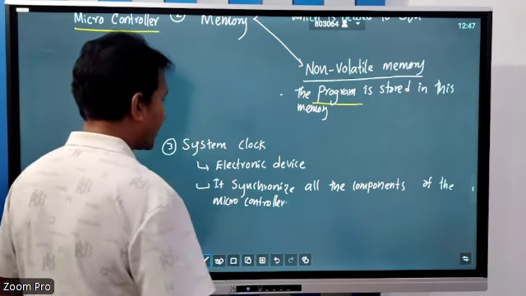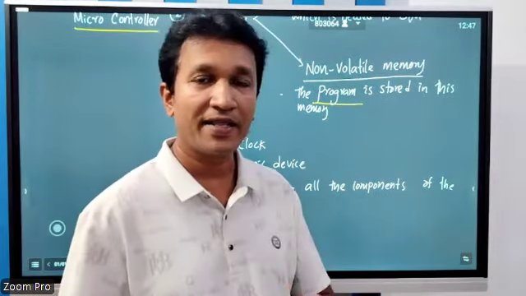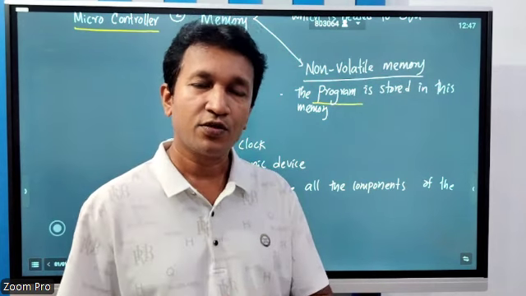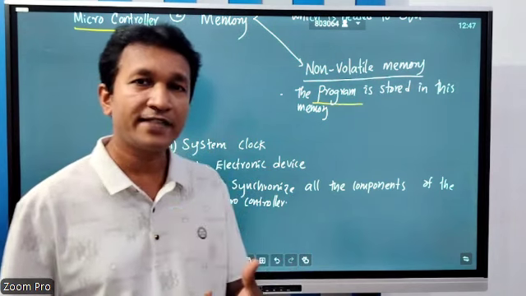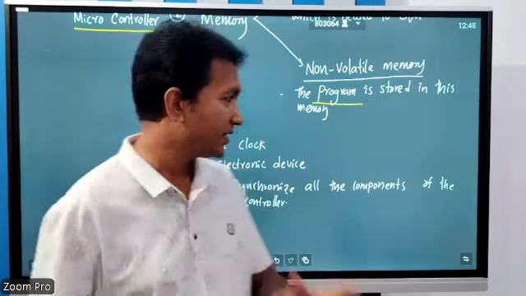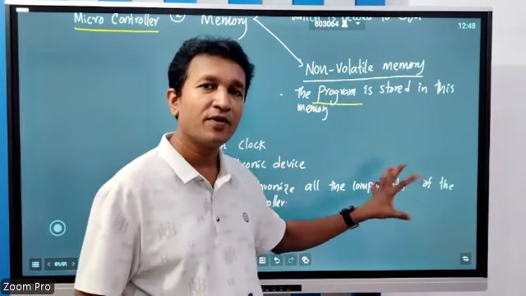What is the meaning of synchronize? What are the components? There is a memory, there is a CPU. All of them should work properly at the right time, right? So the system clock will maintain that process.